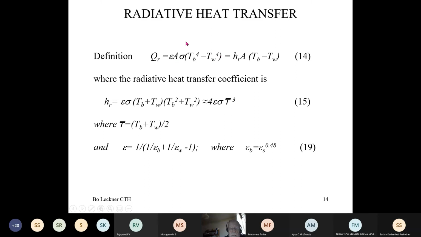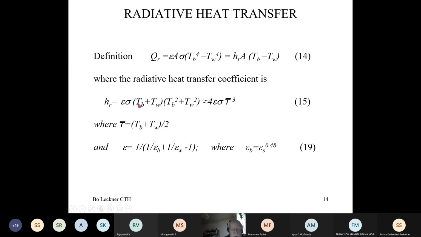And this is the heat transport between two parallel surfaces or two concentric tubes with these temperatures. And this can be written also with a definition of heat transfer, which is this equation, as I said before. And then these two together give us the radiative heat transfer coefficient, which is now this one.